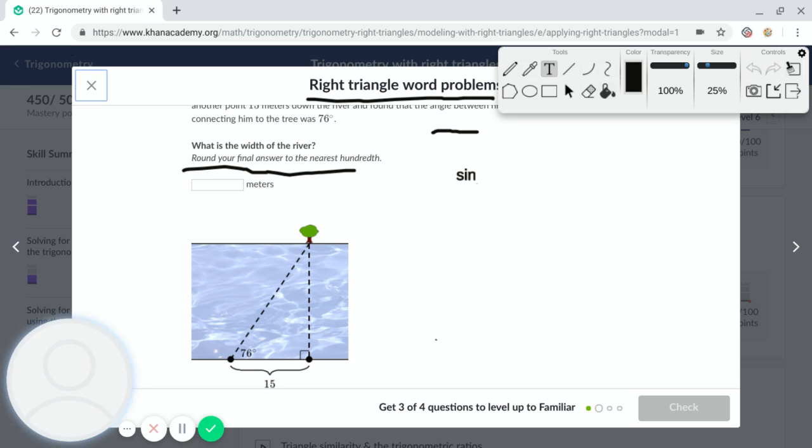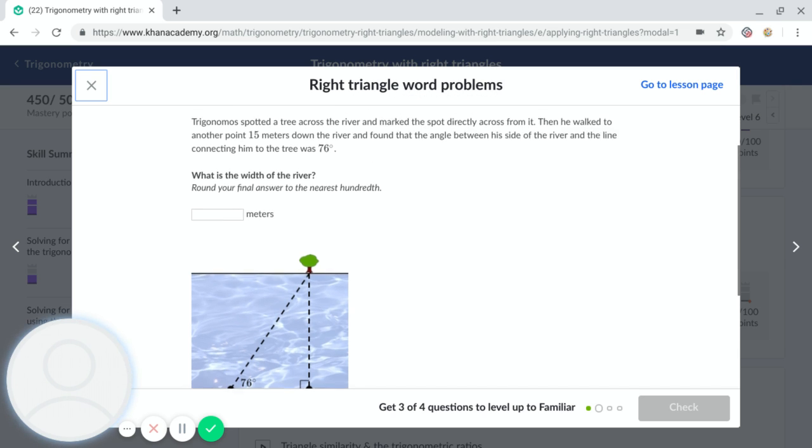So pretty much you write, well, let's see. We're trying to find the, wait, hold on. This is 15, we know that. Which side are we supposed to be finding again?